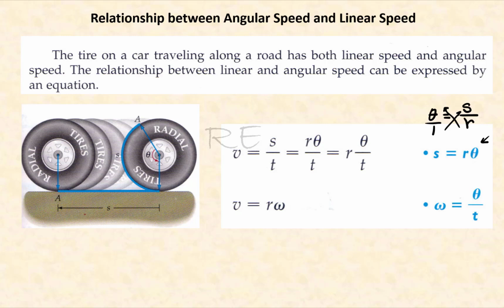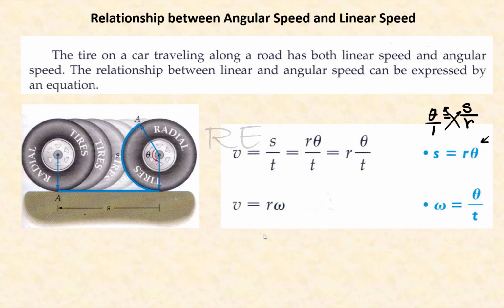the radius multiplied by the central angle. So now if we write it as r times theta over t, over time, theta over time represents the angular speed.